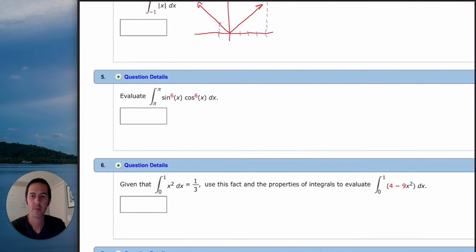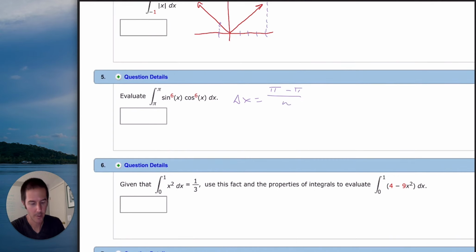Notice the limits of integration go from pi to pi, which means that the width of each subinterval, in other words delta x, which equals b minus a divided by n. B and a here are both pi, so delta x equals pi minus pi over n.